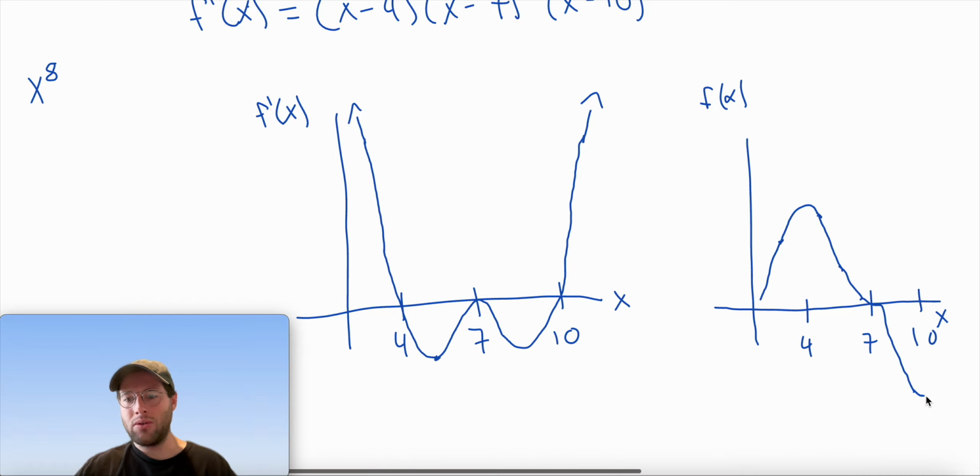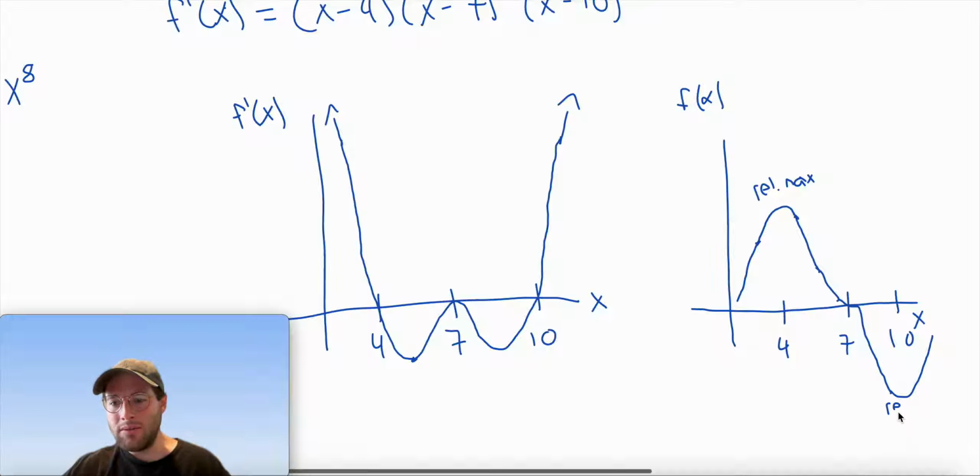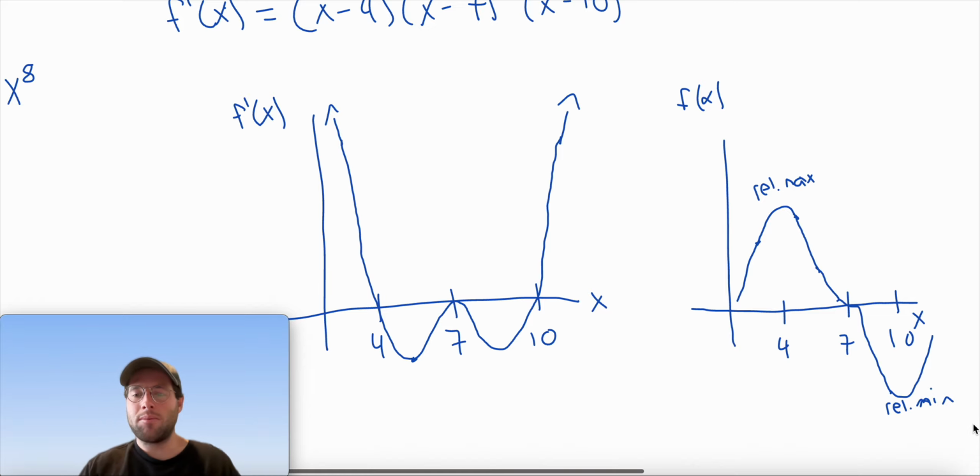And so we're going to go and then come back around something like so. So now we have a rough sketch of our f of x function, and now we can go ahead and label it. So we have a relative max right here, x equals 4, and a relative min, make that look like an m, a relative minimum at x equals 10.